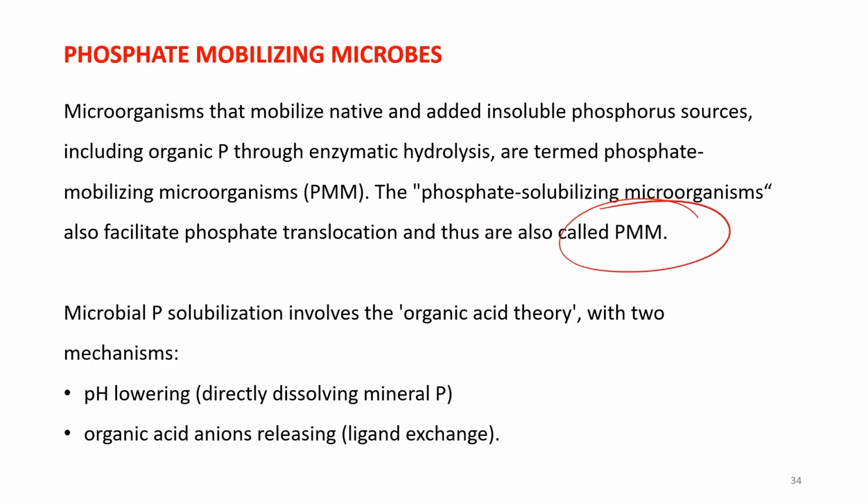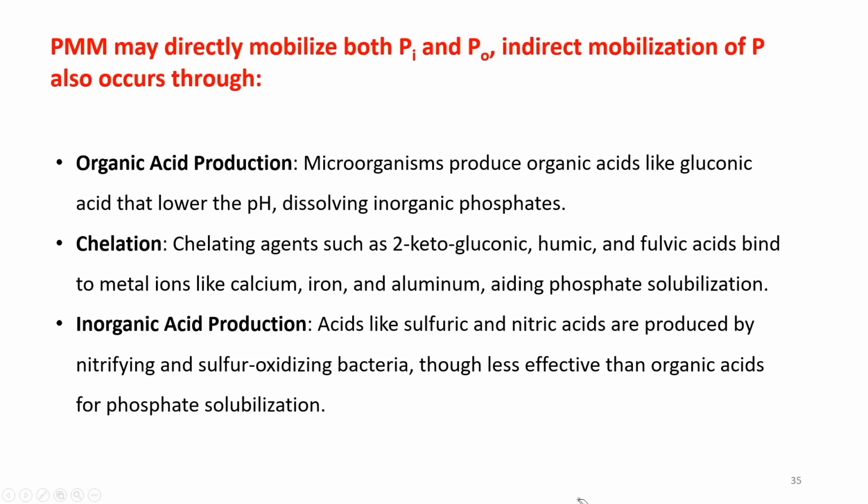Microbial phosphorus solubilization involves the organic acid theory with two mechanisms, namely pH lowering, which directly dissolves inorganic mineral phosphorus, and then there is the organic acid anion releasing theory, which focuses on ligand exchange. So, PMM may directly mobilize both inorganic and organic phosphorus. Indirect mobilization of phosphorus can also occur.